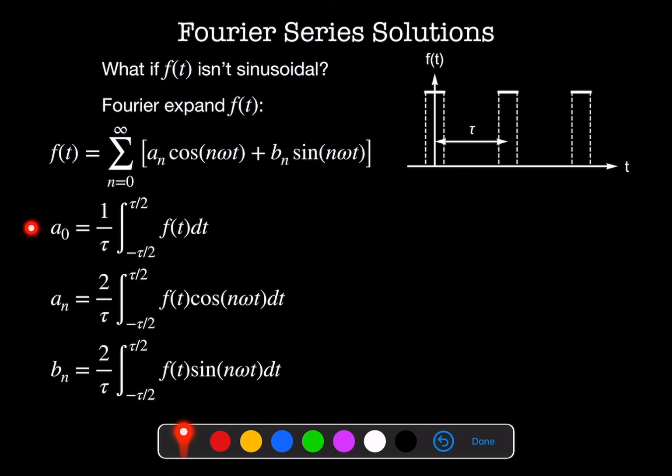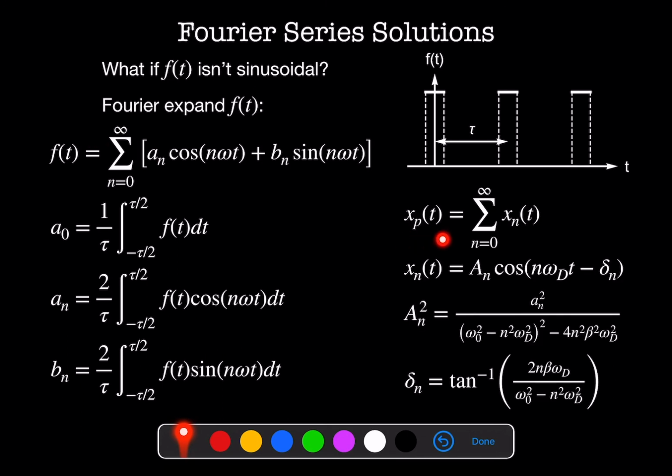These are going to give you the definition for the constants that go in here, and then basically the larger the number of terms you keep here, the closer to the solution you're going to be. Our particular solution is going to be a sum of all possible x_n.